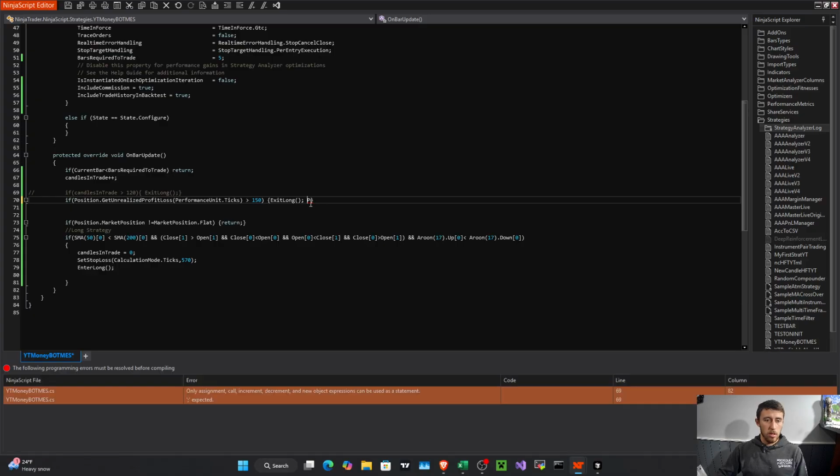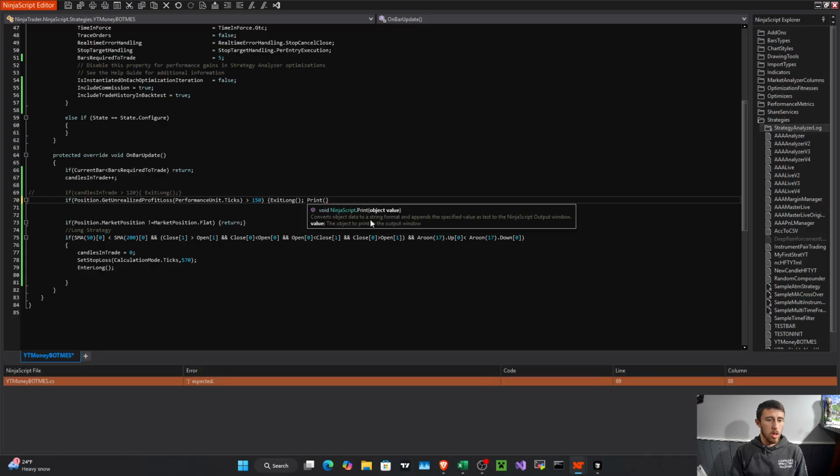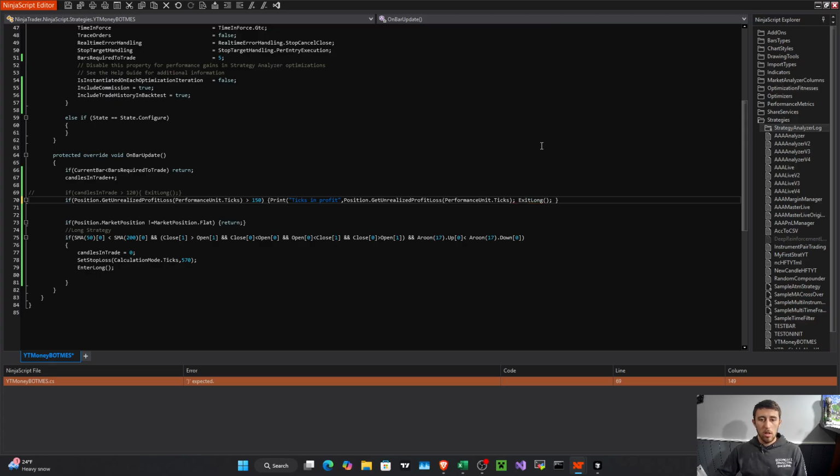So we're going to come here, and when we exit, we are going to print 6 in profit. Then we will just copy this. Actually, we got to do it before we exit long, because if we exit long first, then we will no longer be in a position.